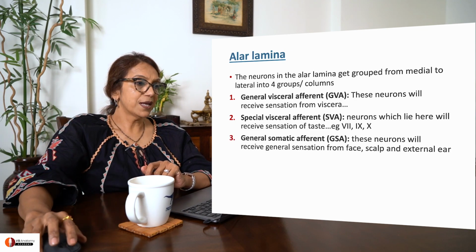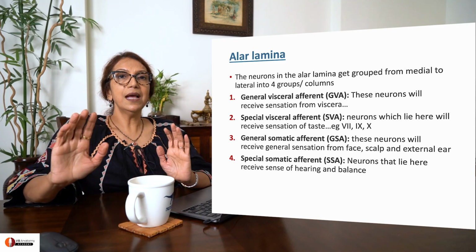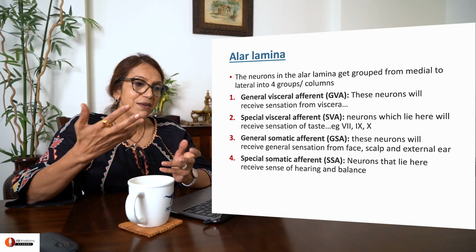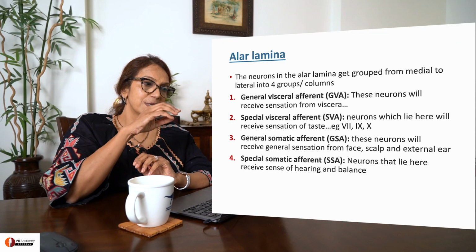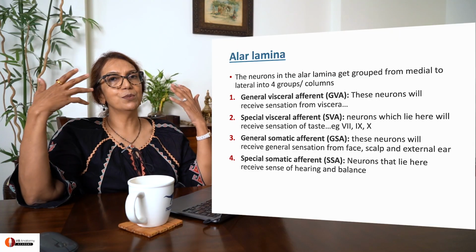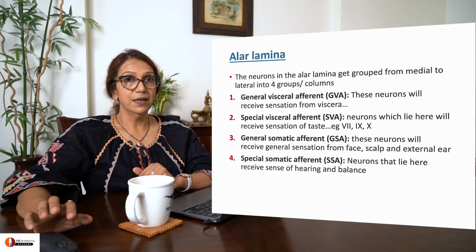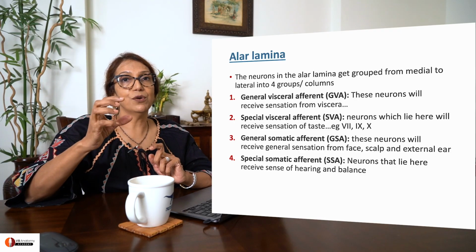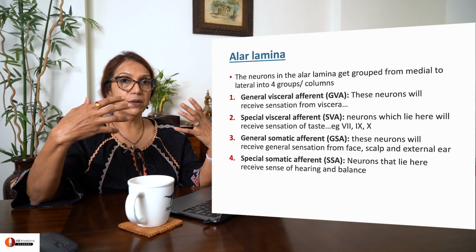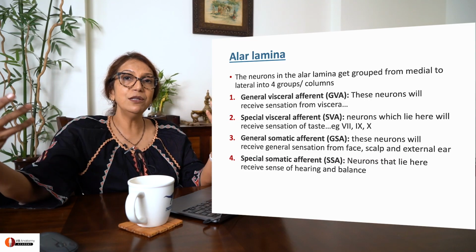Further 2 more groups are general somatic afferent and special somatic afferent. They are getting information from the soma. General information from the soma comes under general somatic afferent. For example, you get some information from your face, from your scalp, external ear. Or then those who are getting special information from the soma, for example, your hearing and your vestibular sense, so that's how you're able to balance your body.